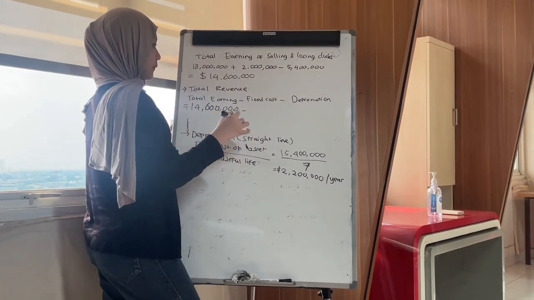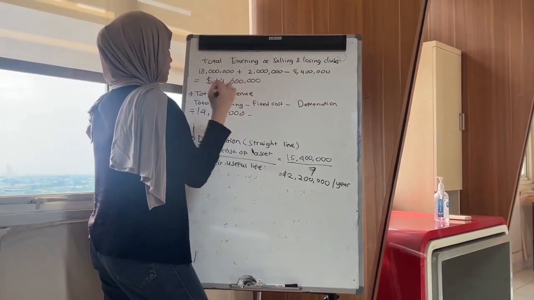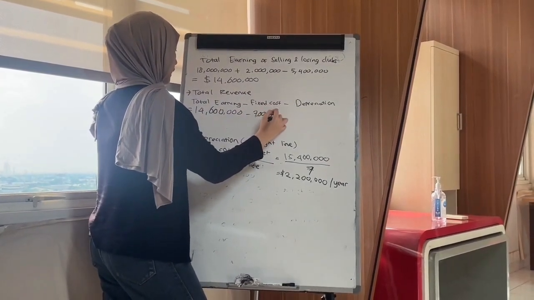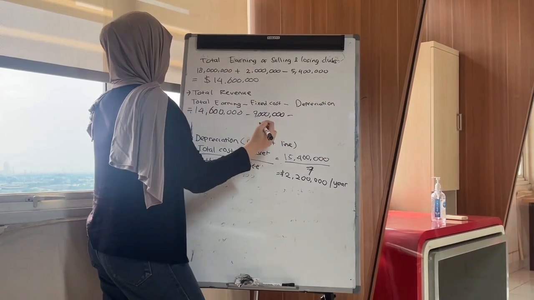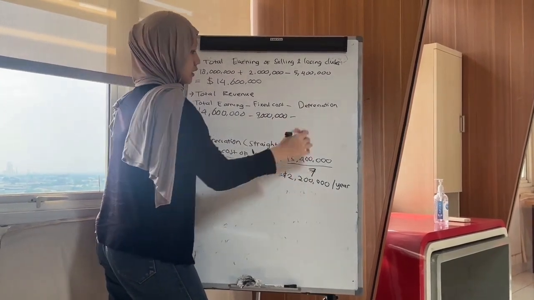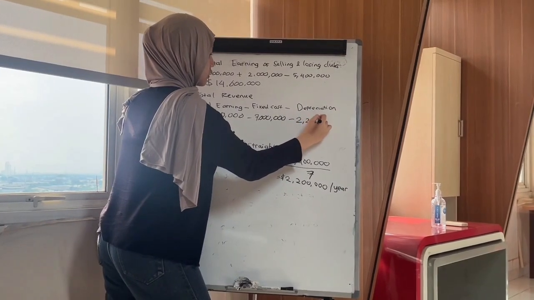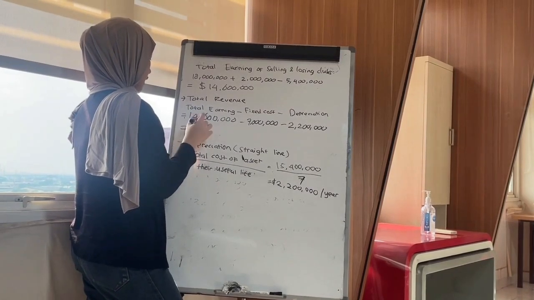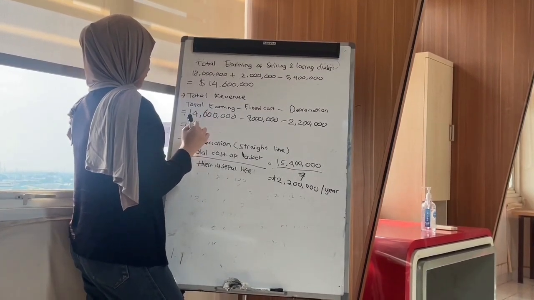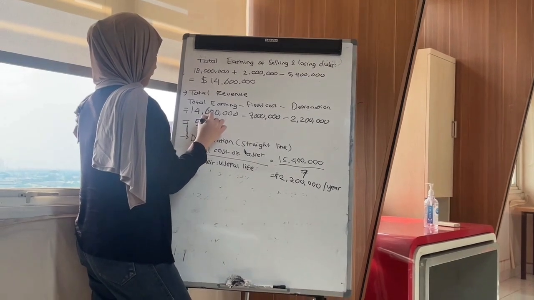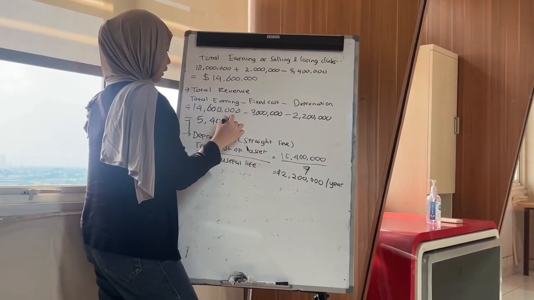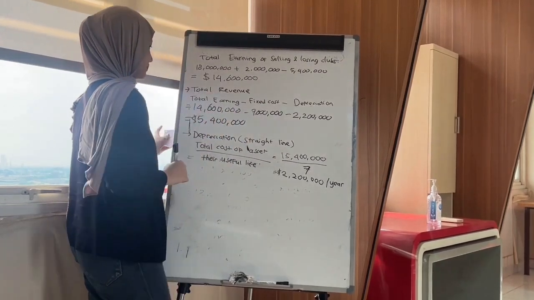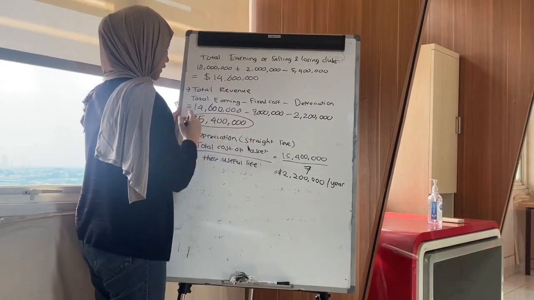We also know the fixed cost from this case study is $7 million, and then the depreciation is this one, $2,200,000. So for the total revenue, we have $5,400,000. Okay, here is the total revenue.